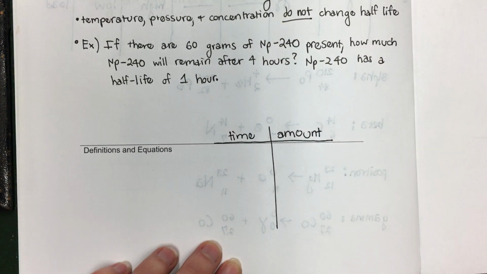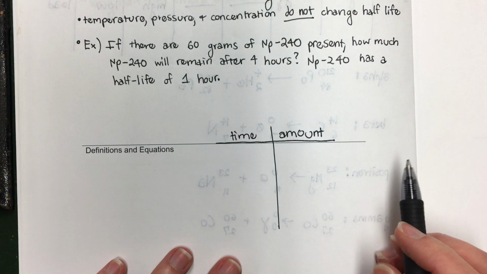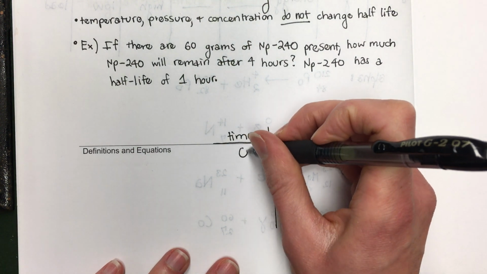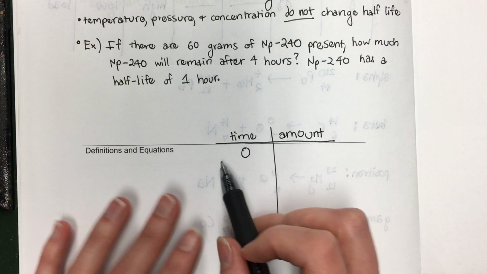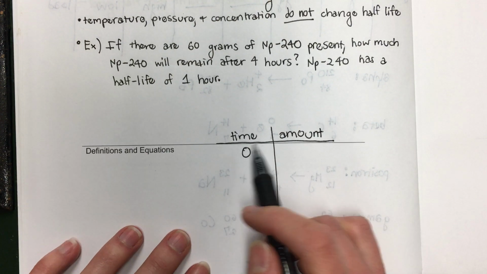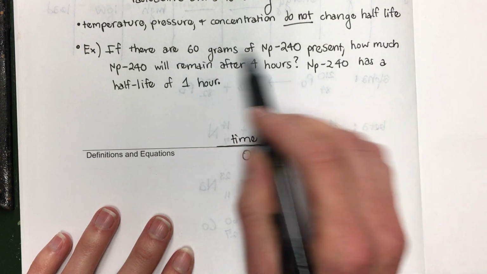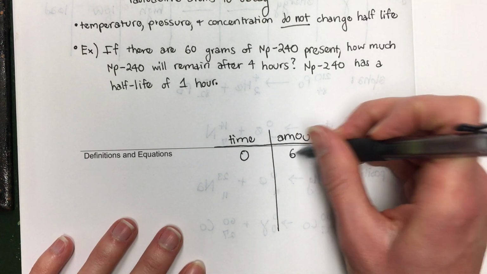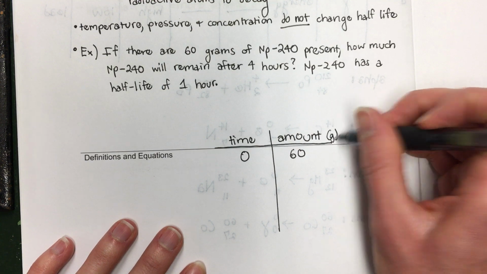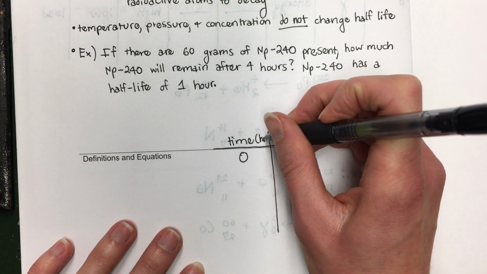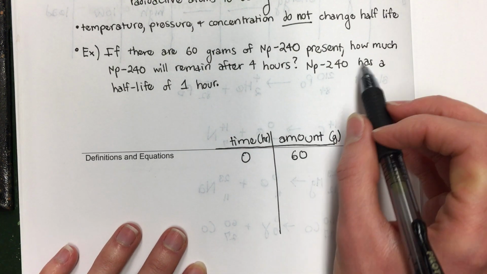Now, whenever you're solving these problems, every single time, you're going to start at time 0. So that's basically saying no time has passed, this is the beginning. At the beginning, I have 60 grams. That's how much I start with. Our amount is in grams. Our time is in hours. Okay, the half-life is 1 hour.